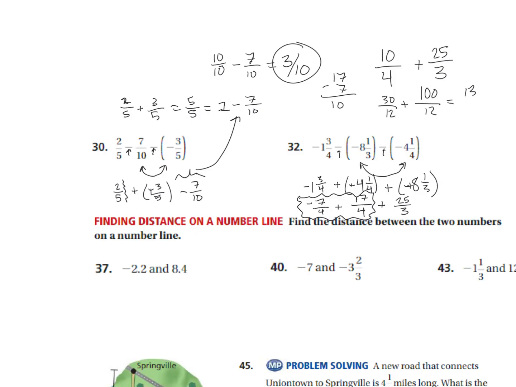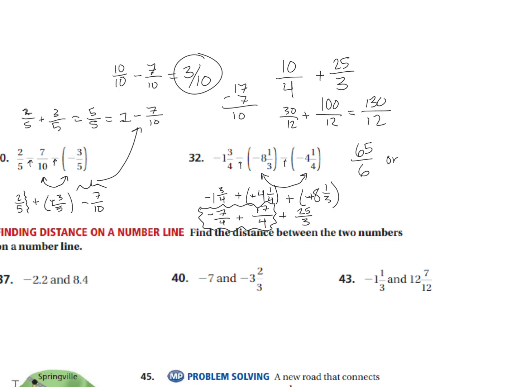We end up with 130 over 12. I could simplify this by dividing by 2. I get 65 over 6. Or I could have it be, 6 can go into 65 10 times, and then there would be 5/6 left over.